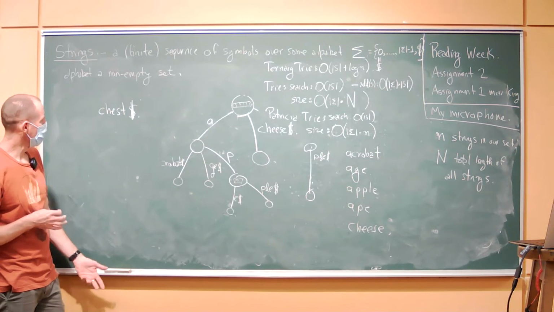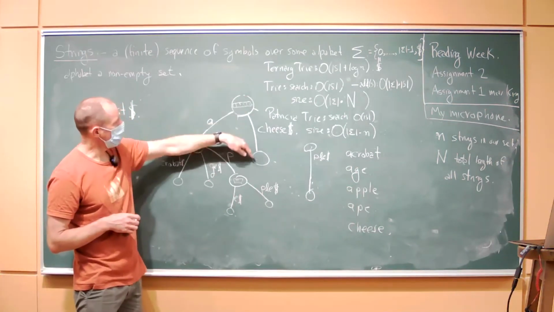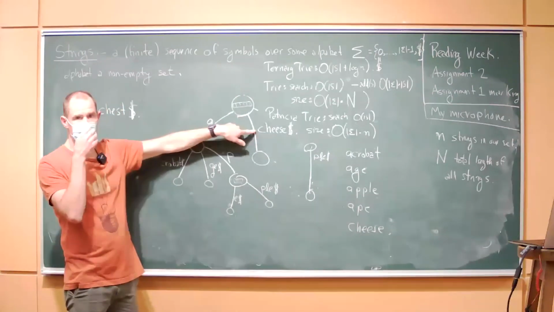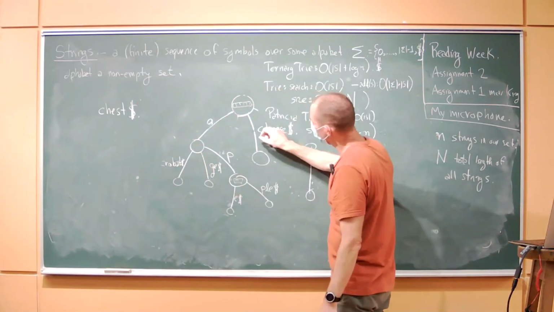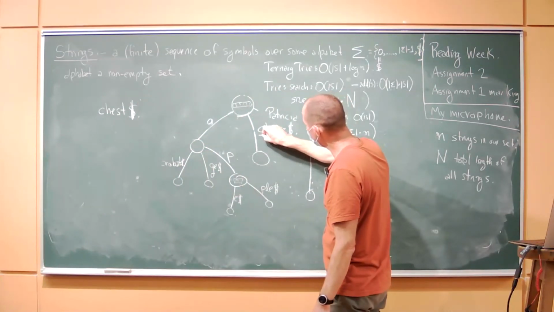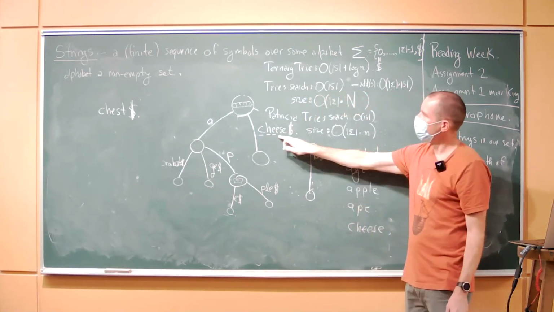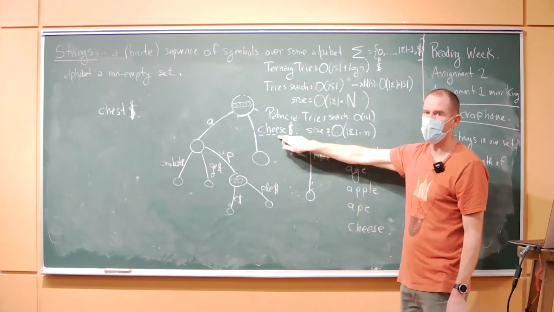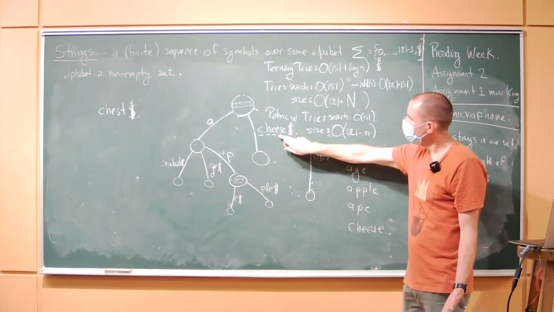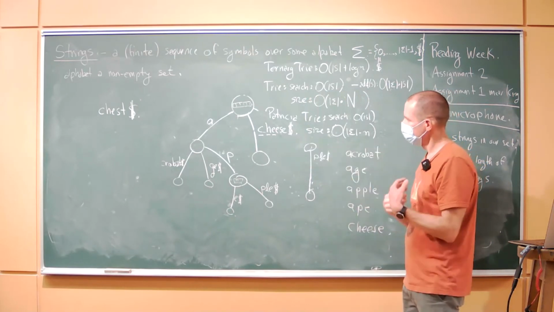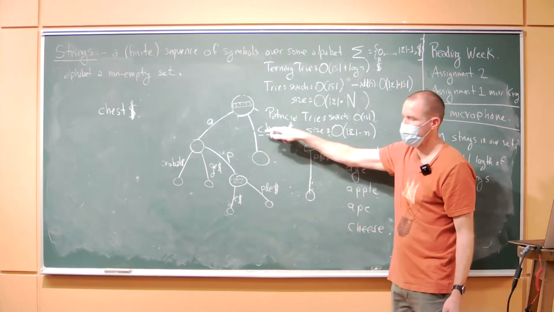So I imagine I'm searching for it. I cross the edge whose label starts with a C, and I start matching my string to this: C, H, E. It's all good, except at this point I have a problem. This has an E and my string has an S, which means that after I'm done inserting this, I can't have this edge with this long label on it.